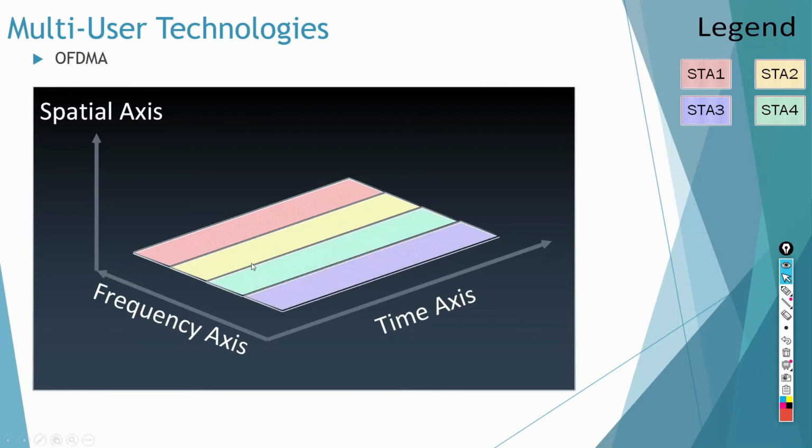Everything will be assigned at the same time, and all users will be using the frequency resources within the channel at the same time, whether it is uplink or downlink transmission. The idea is time is still shared between all of these users.